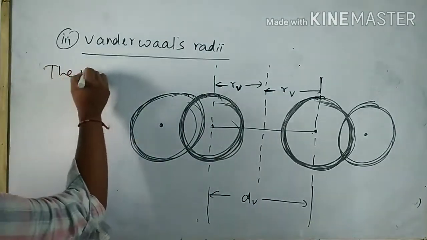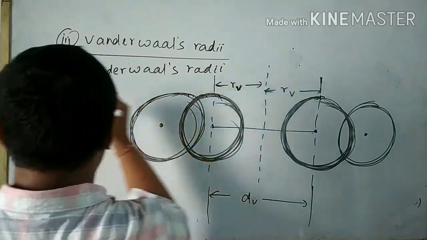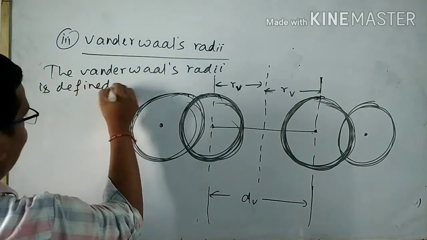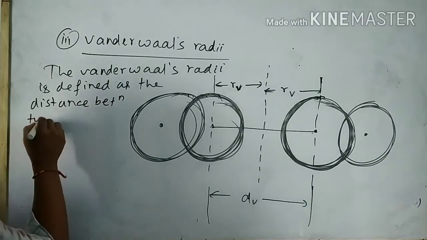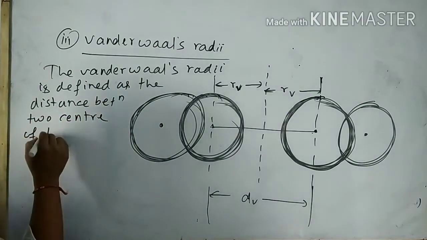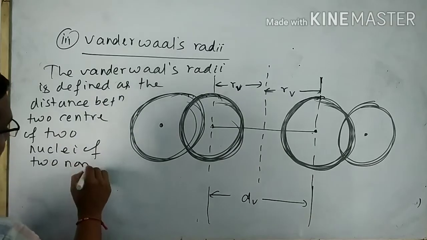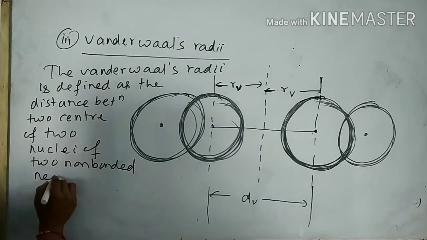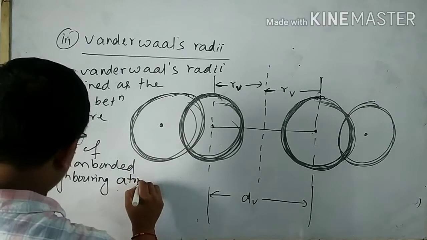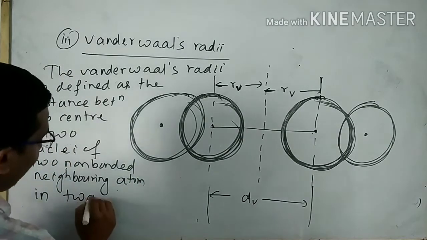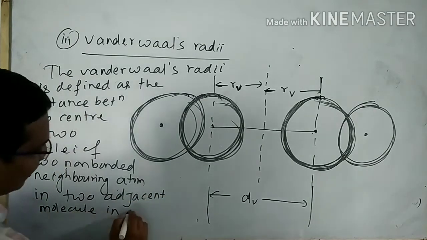The van der Waals radii is defined as the distance between the two centers of two nuclei of two non-bonded neighboring atoms in two adjacent molecules in a solid.